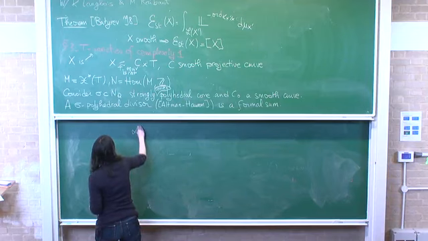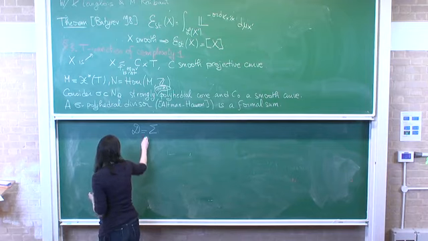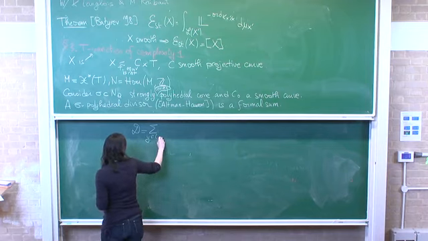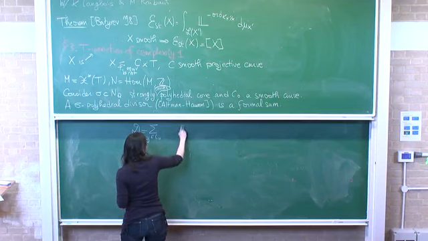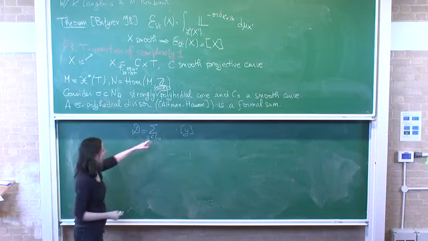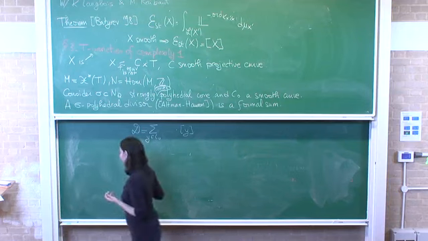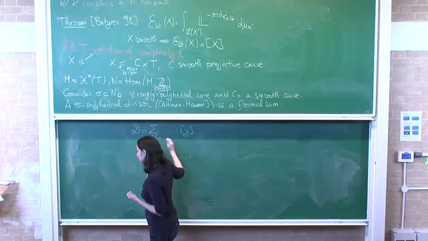So D, I will write it as a sum over points in the curve C0 of something times the point. So if I had rational numbers here, that would be a divisor, but that's not what I choose.